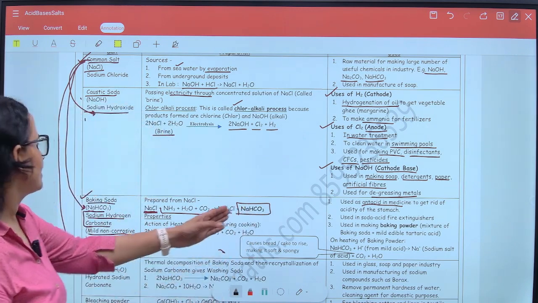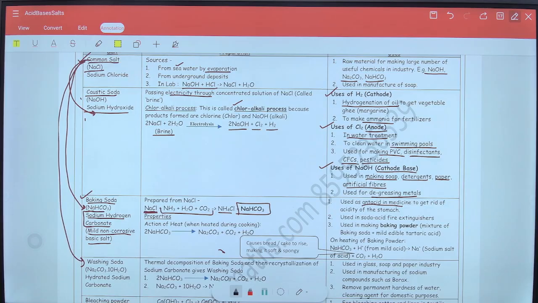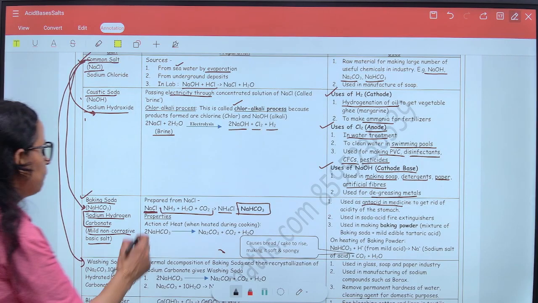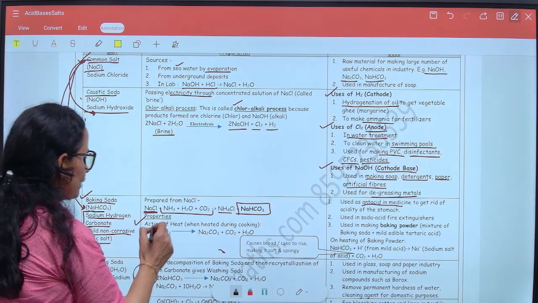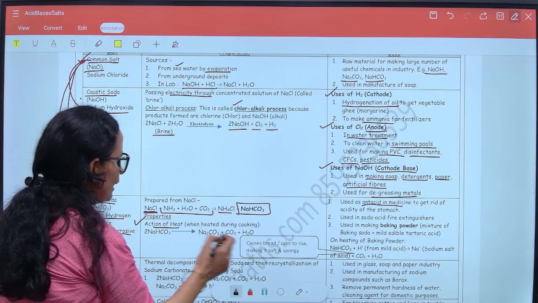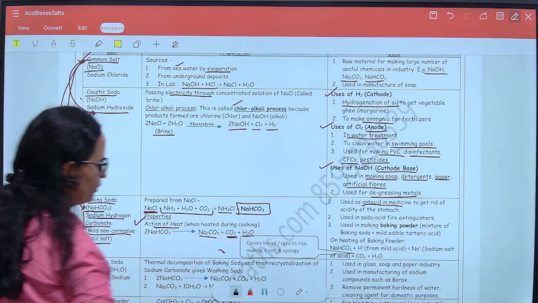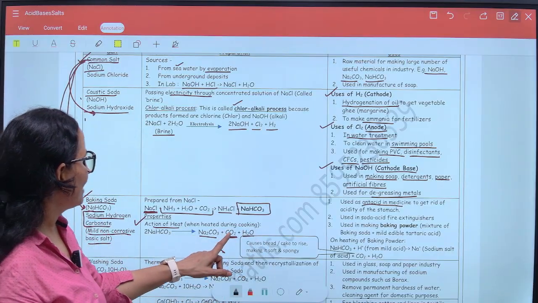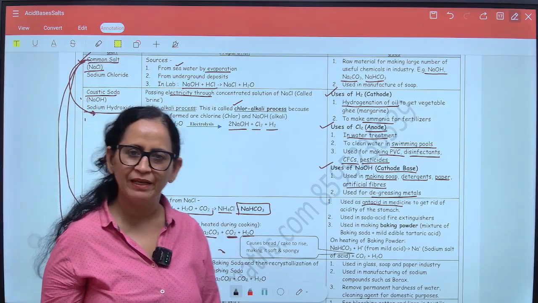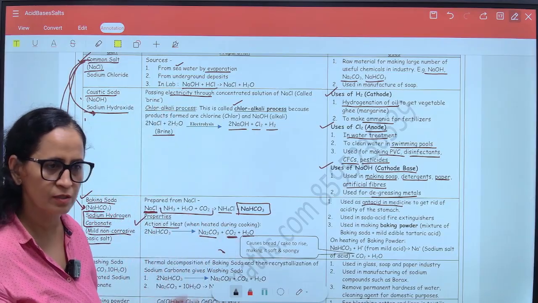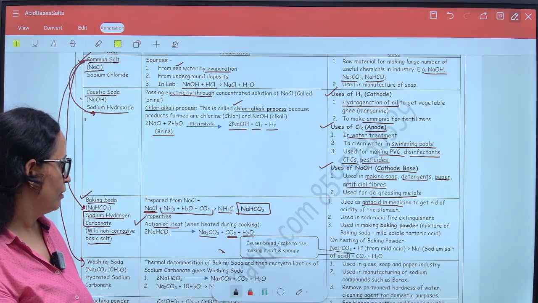So this NaHCO3 is baking soda. It has a very important property that on heating, baking soda releases carbon dioxide, Na2CO3 and water. So this CO2 that is released makes the cakes spongy and softer, right?